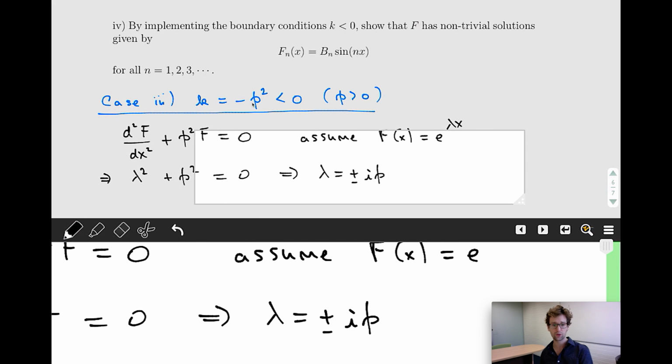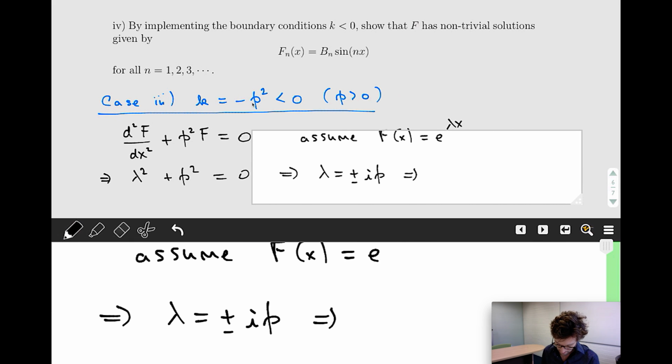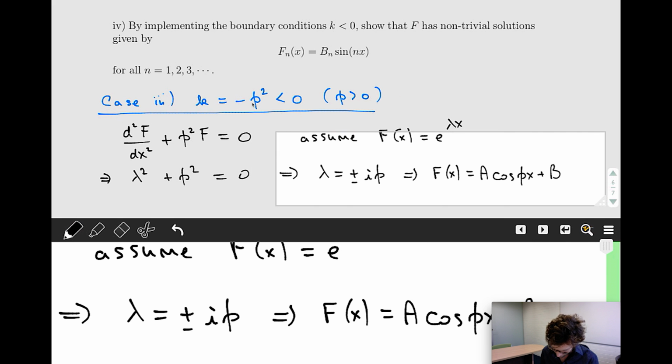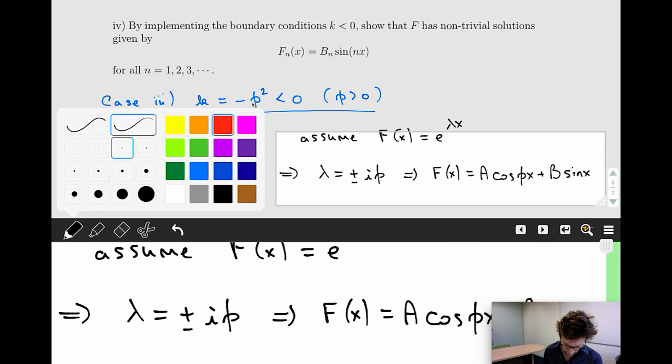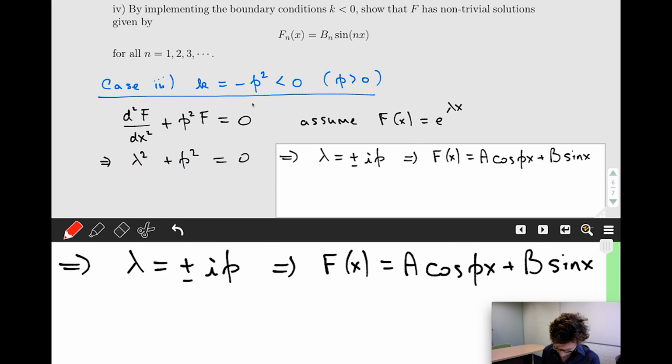So I've got complex roots to that characteristic equation, which of course gives me a combination of sines and cosines. So it's given me sinusoids.